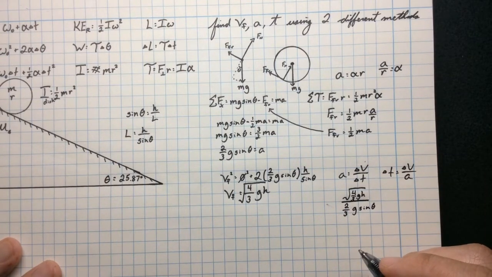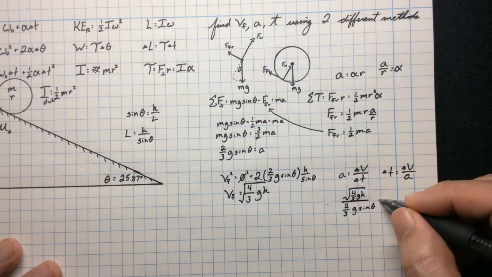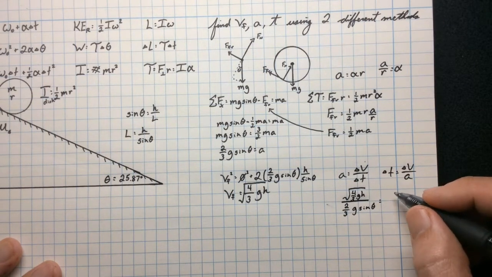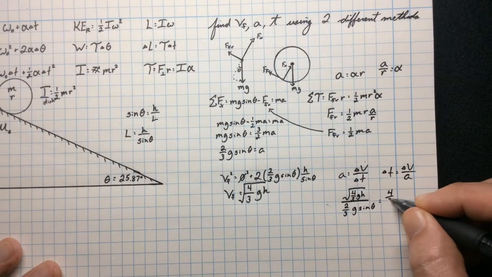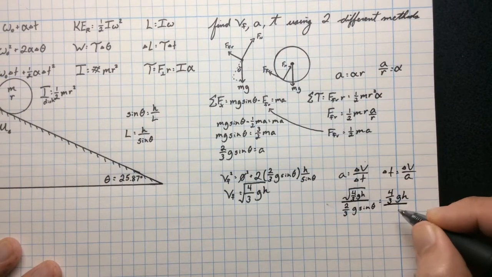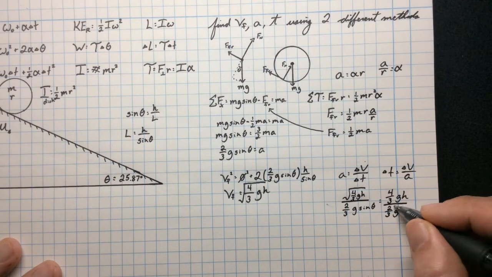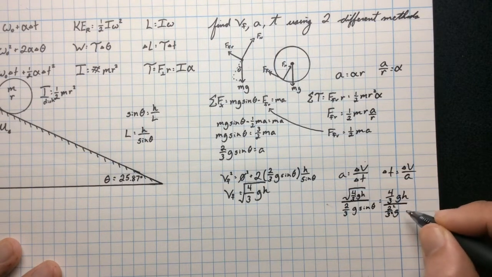Let's bring everything inside of the square root, and if we do that, we can square all this stuff to bring it in. So I've got 4/3 gh divided by 2/3 g, actually, well, that would all be squared, wouldn't it?